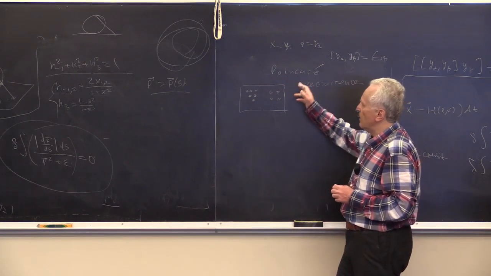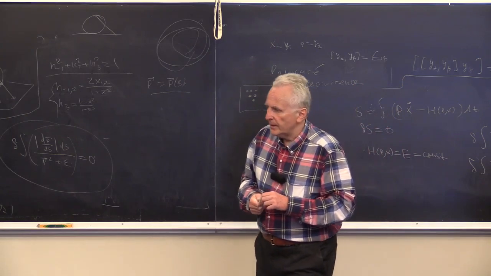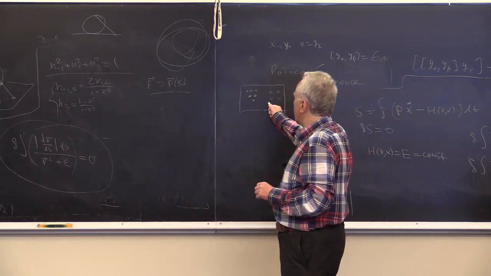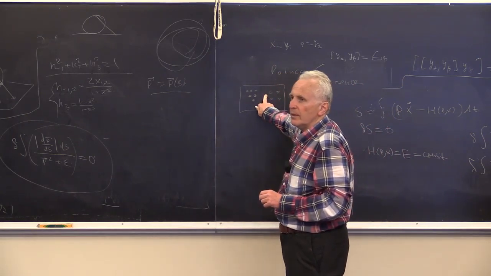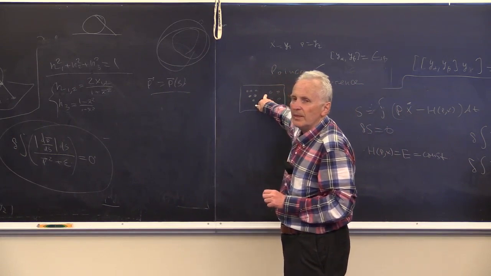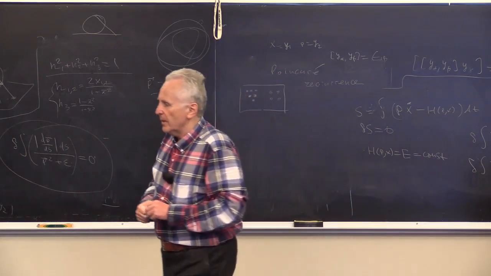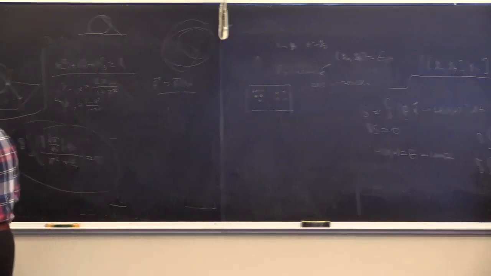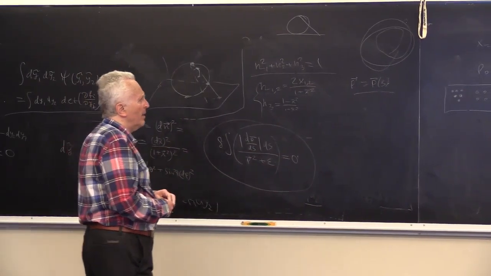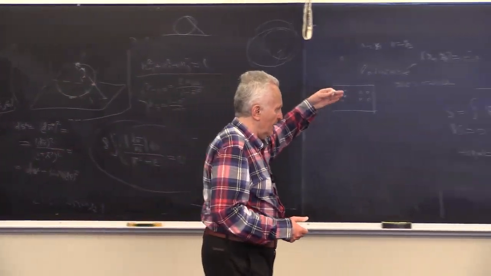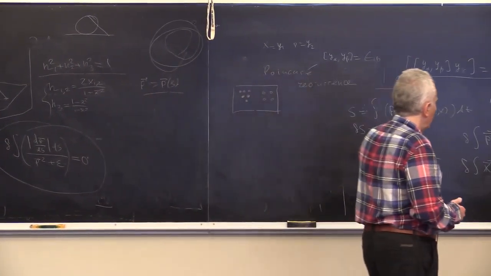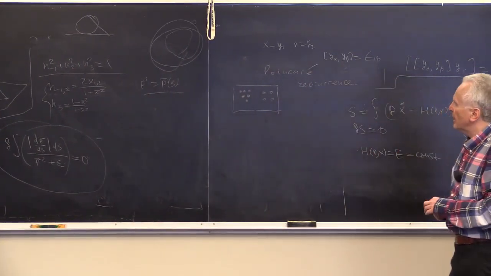However, the theorem by Poincare tells you that if you wait very long, you will return arbitrarily close to the initial configuration. There will be a recurrence. And we will prove this in a few lines using the Hamiltonians.